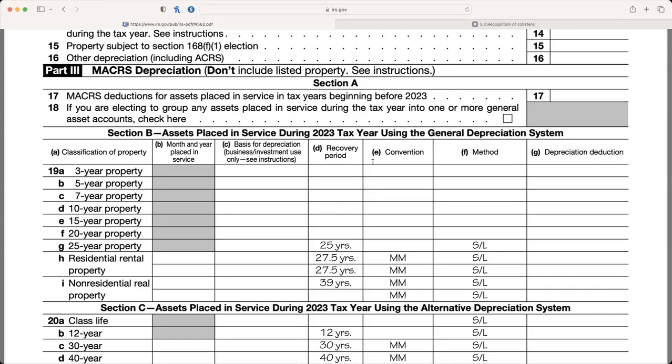So if you've been looking at this already, classification of property. And again, when we speak of property, we're not talking about a house. Property is the same asset, which is the note. So imagine if you went in, you bought a car and you got a 3-year term on that note. It's right here. You can literally add these notes on here and the amount and the method and depreciation deduction.